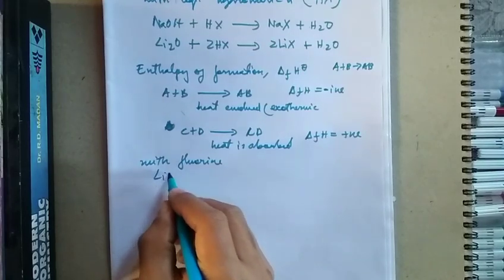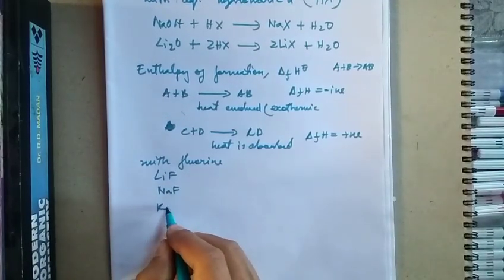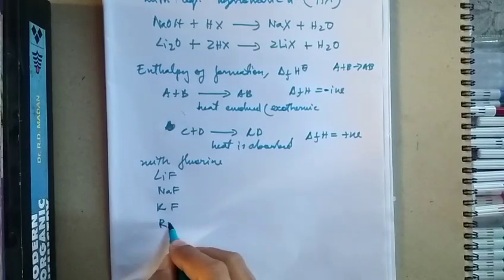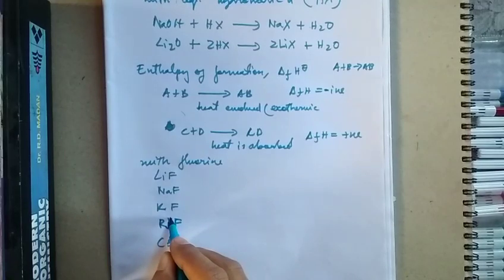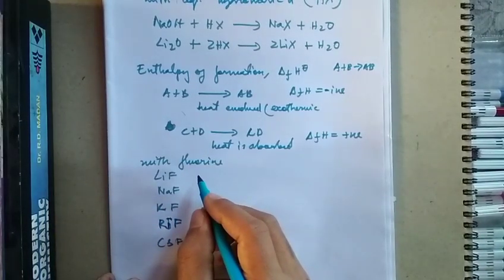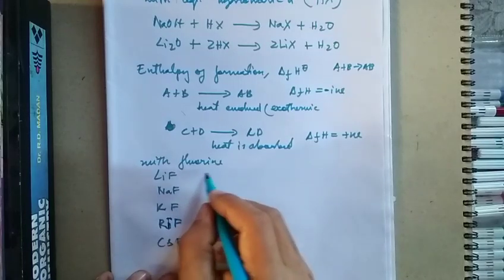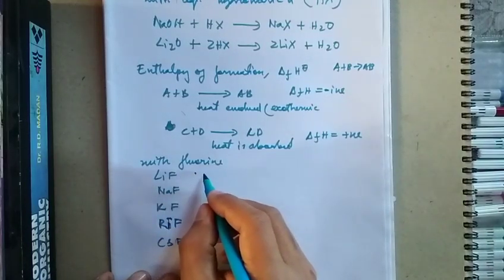Let's see, LiF, NaF, KF, RbF, CsF. So this enthalpy of formation is negative for LiF.